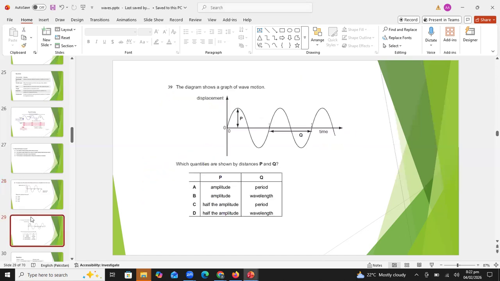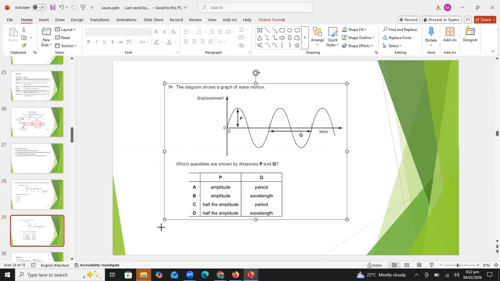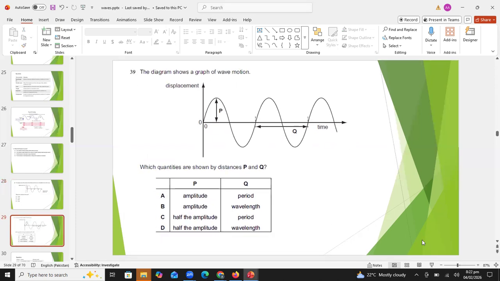Question number 39. You can see in question number 39, they are saying the diagram shows a graph of wave motion. This is a displacement versus time graph. One thing I want to tell you, beta, is that if time is given on the x-axis, we are able to calculate the time period.